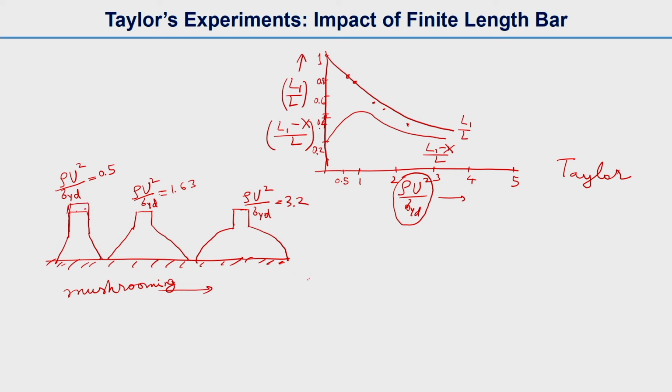If we go this way, the impact velocity is increasing. If it is a very high impact velocity, the shape of the deformed projectile or bar can be very different, and it can even take a concave shape.